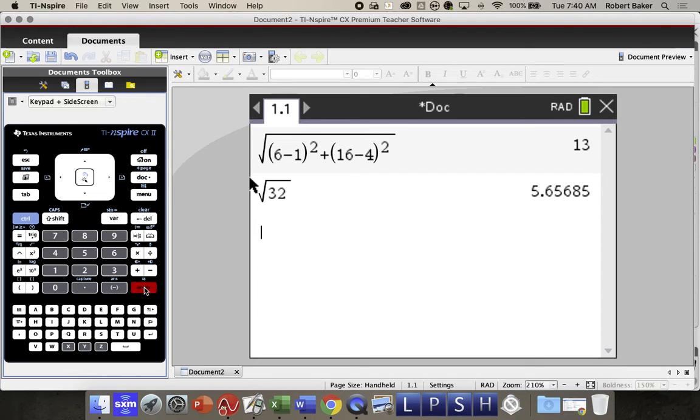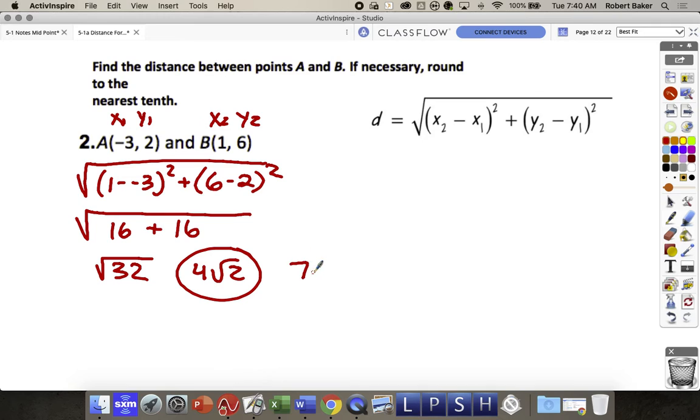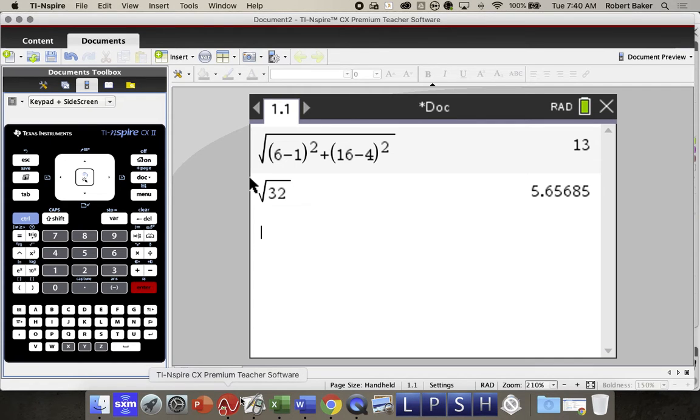So our answer rounded to the nearest tenth would be 5.7. And I'm going to double check my radical here, 4 square roots of 2. Same thing, either way.